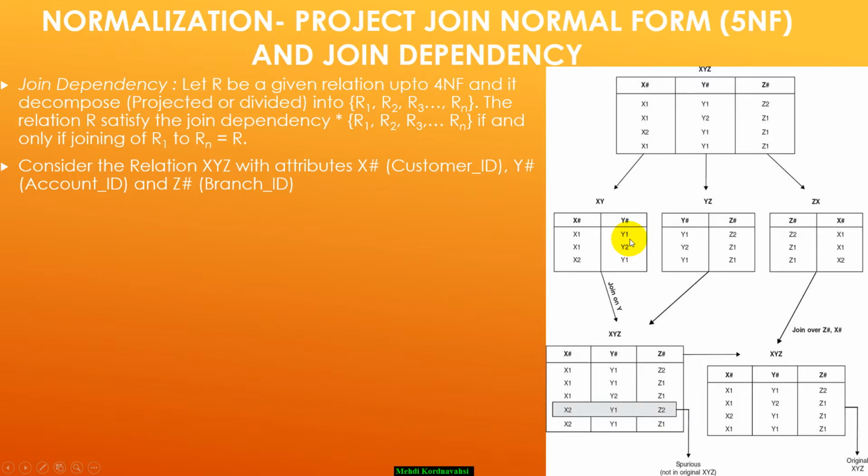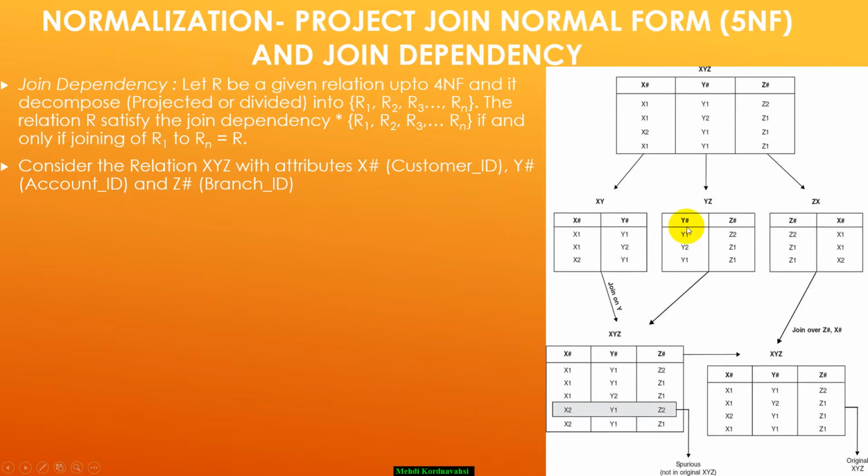Again, x1, y1, z1, two records. And x2, and again, x1, y2, x1, y2, z1. Here, three records come here. And the next, x2, y1.